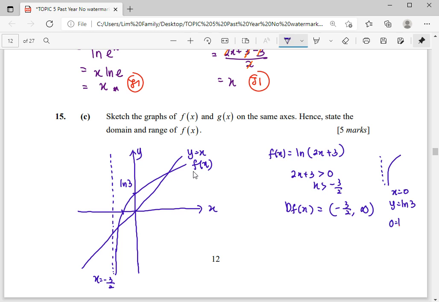When y equals 0, it will be ln(2x + 3) = 0. Then unlock your ln, it will be e to the power of 0 equals 2x + 3. So 1 equals 2x + 3. Move your 3, it will be minus 3. So our x will equal negative 1. So for this log graph, it has an x-intercept and a y-intercept, so it is finished.